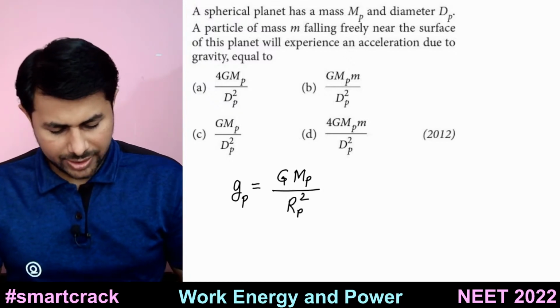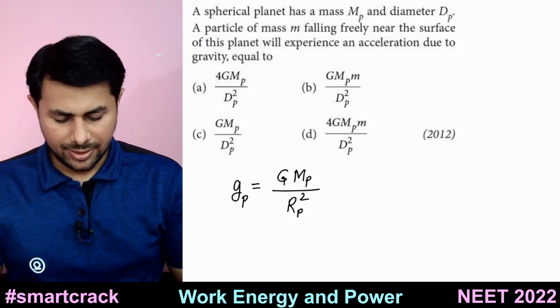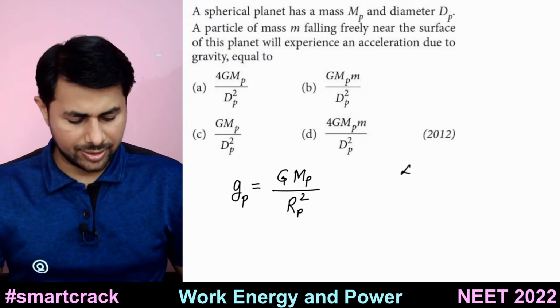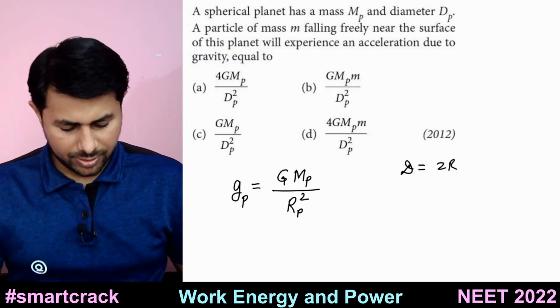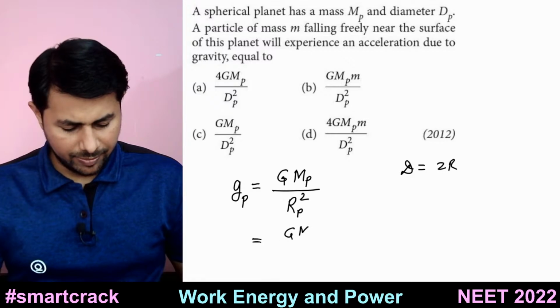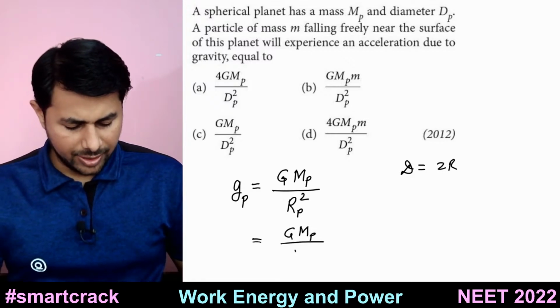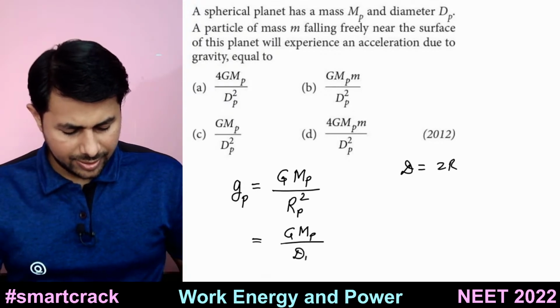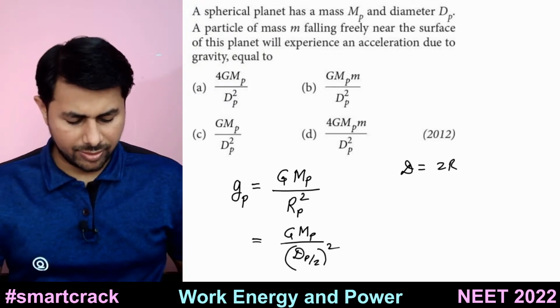But all options are given in terms of the diameter, not radius. So radius is equal to what? Diameter divided by 2, because diameter is 2 times radius. So we can write this as G M of planet P divided by radius, which is diameter over 2, and we have square of that.